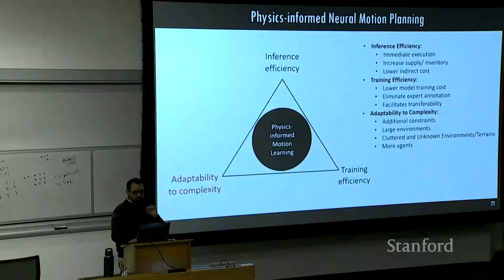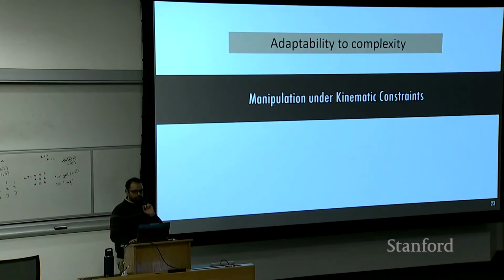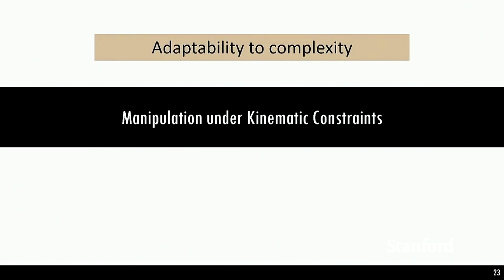So far we have discussed training efficiency and adaptability to complexity. I have shown you that it scales to very high dimensions, but I want to discuss how it can scale to manipulation or very large environments. Neural networks have this problem: if you have a very large environment, they struggle. They suffer from the spectral bias issue.